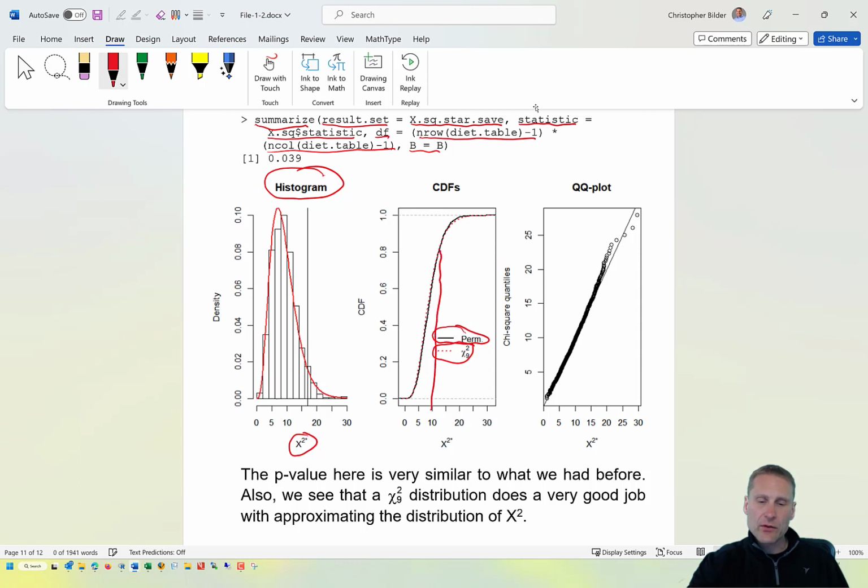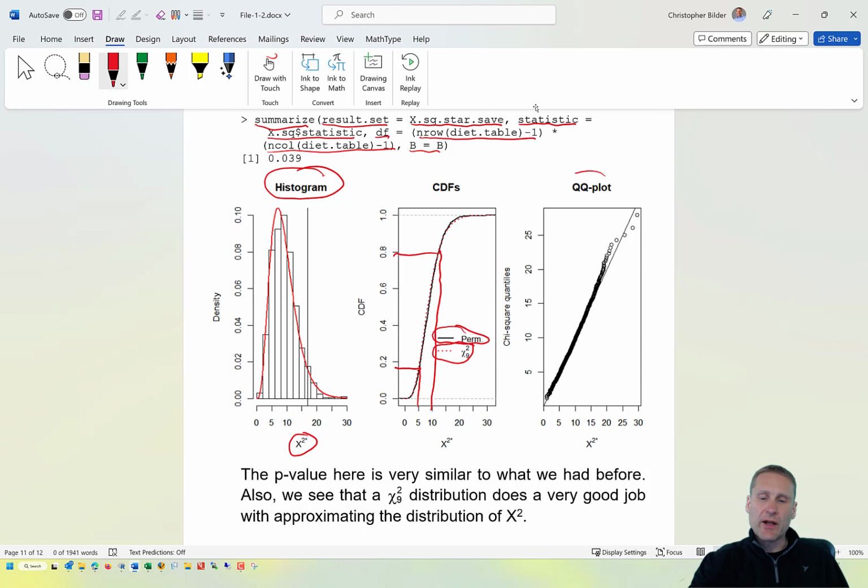What that's going to do is calculate the proportion of times where X squared star is less than 10 for these X squareds. X squared star 5 represents the proportion of times that an X squared star is less than or equal to 5. Again, empirical cumulative distribution function. And we can see here that this permutation distribution follows very closely to the chi-square 9.